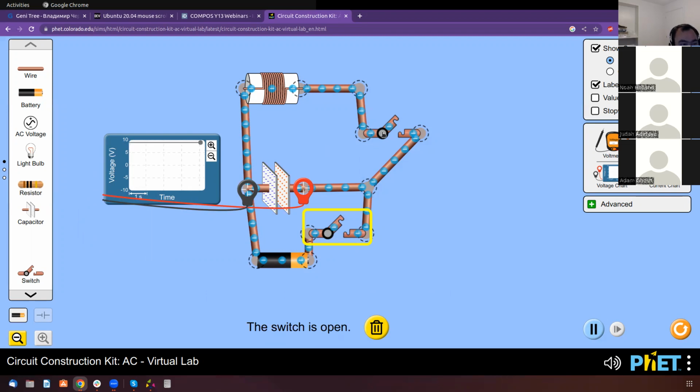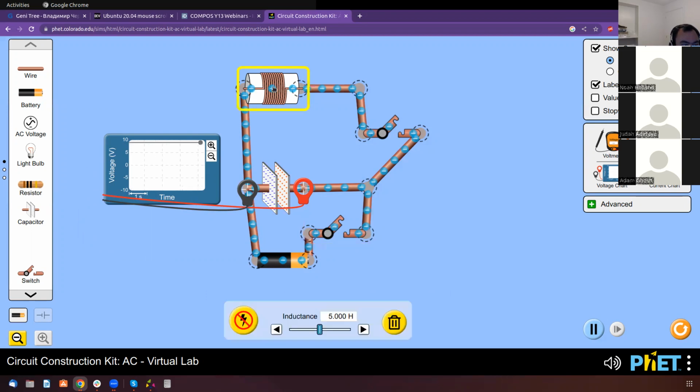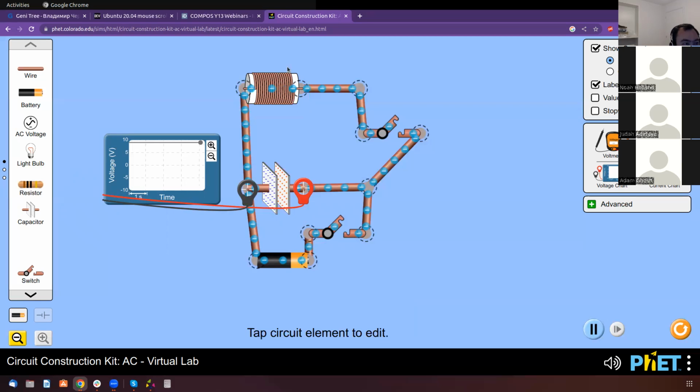And now when I close the switch, the capacitor will start to discharge through the inductor. But then, because the inductor will keep the current flowing, I'm just increasing the inductance. The inductor will keep the current flowing and it will charge the capacitor in the opposite direction. So let's have a look. Closing the switch. So the inductor goes back.